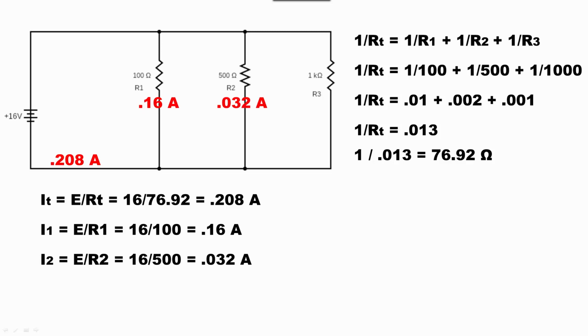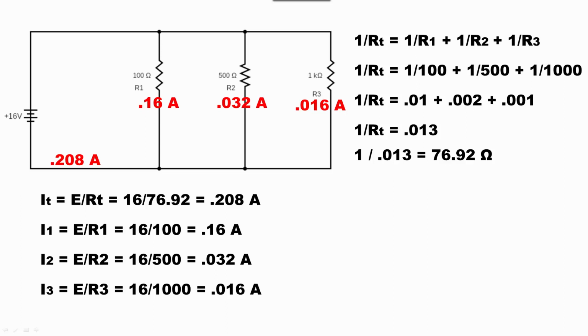I2 equals E divided by R2 equals 16 divided by 500 equals 0.032 amps. I3 equals E divided by R3 equals 16 divided by 1,000 equals 0.016 amps. Good. Ohm's law produces the same results we got using the meter.